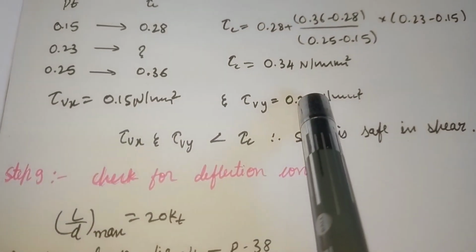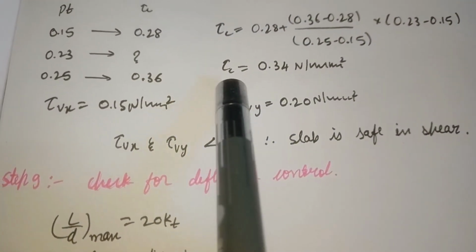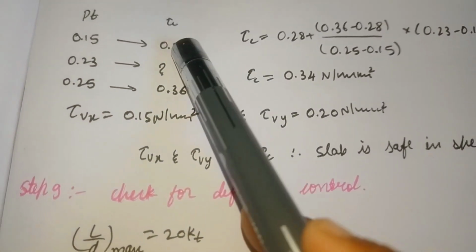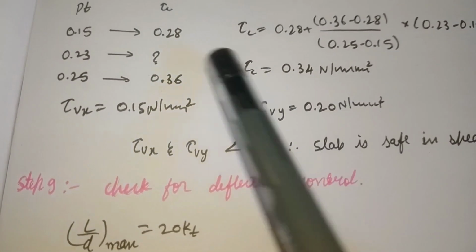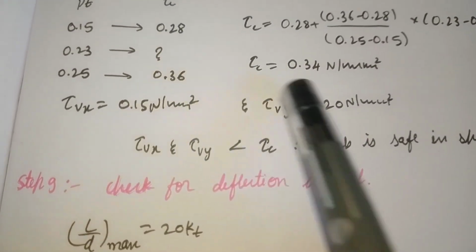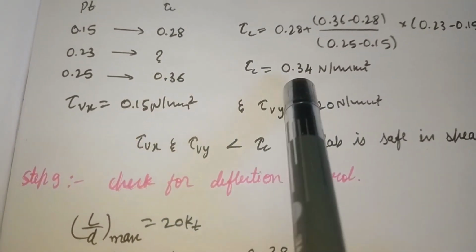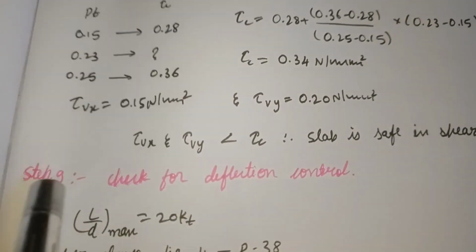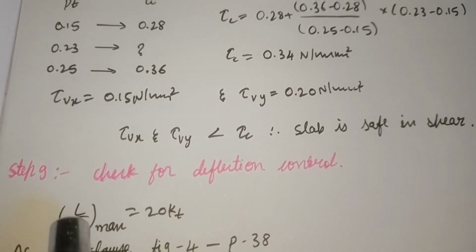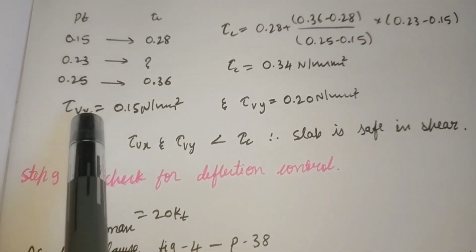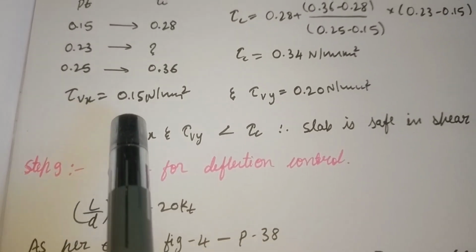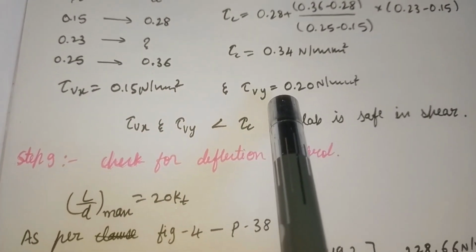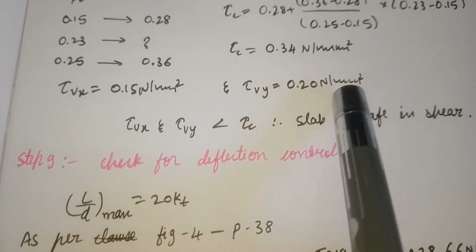Here one more thing: to check, the 0.34 value lies in between these two, no? Since it lies in between these two, our value is correct, because 0.34 comes in between 0.28 and 0.36. Now, our tau v x value was 0.15 Newton per mm square and tau v value was 0.20 Newton per mm square.